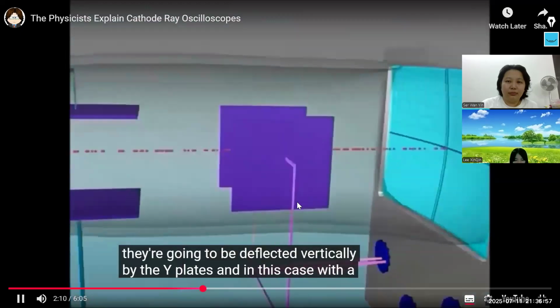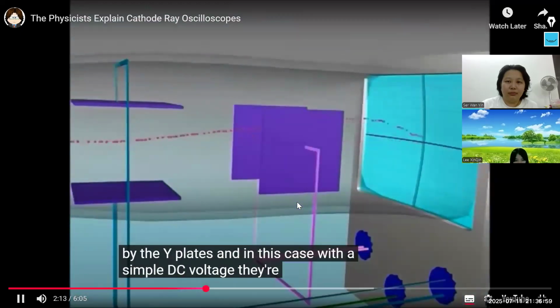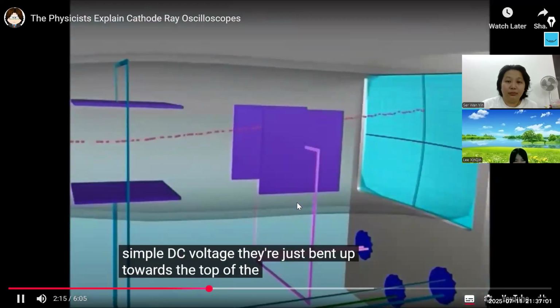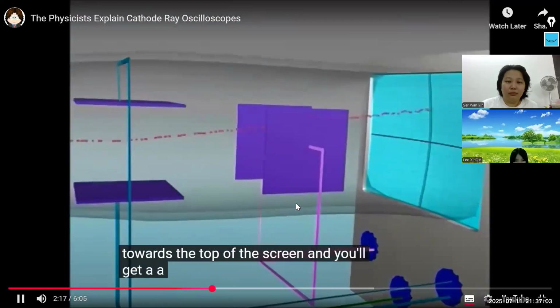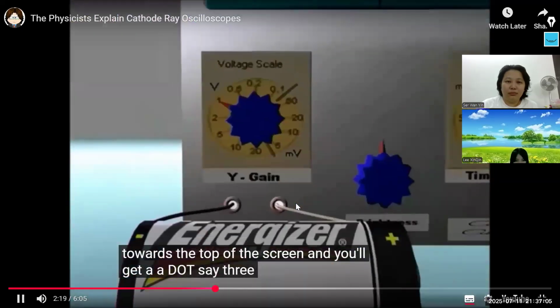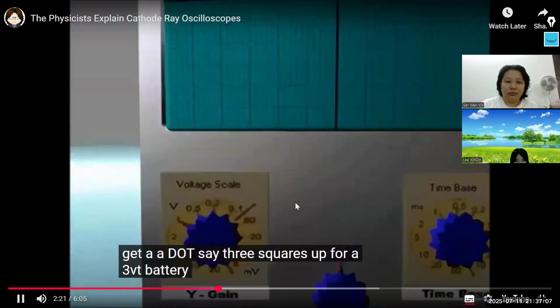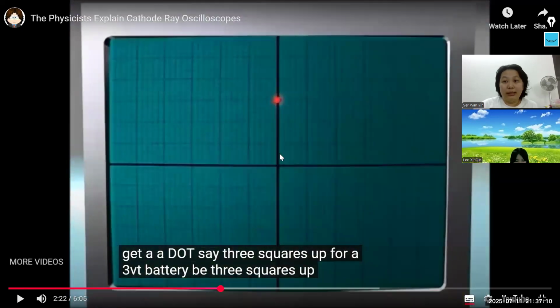And in this case, with a simple DC voltage, they're just bent up towards the top of the screen. And you'll get a dot, say 3 squares up. For a 3-volt battery, it'll be 3 squares up. So let's say 3 volts, it will jump 1, 2, 3.